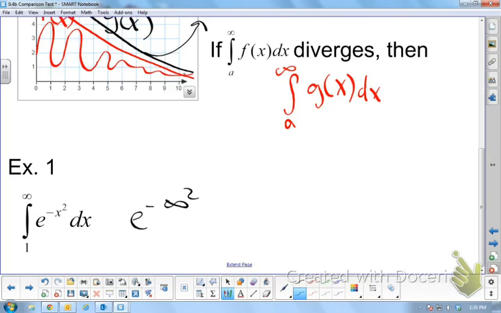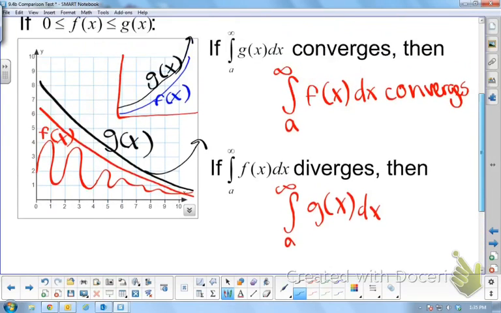And what's anything to the negative infinity? When you have negative infinity as your exponent. 0. Remember we could rewrite it as 1 over e to the infinity. So we do think this will converge because that hit 0. So we think this is probably going to converge.